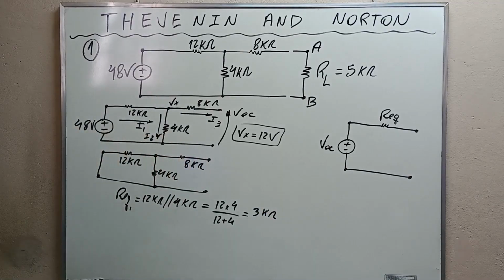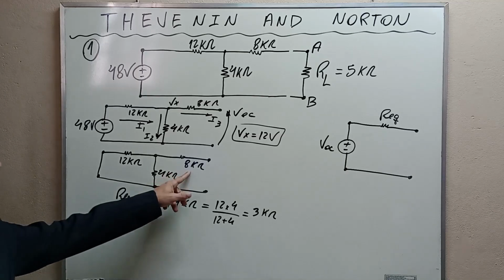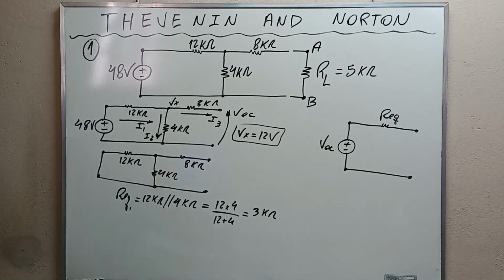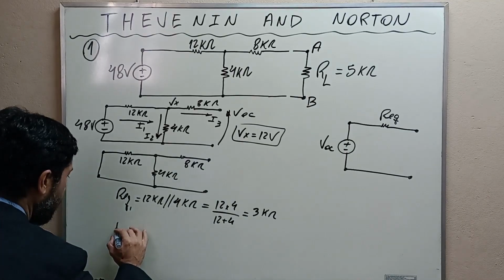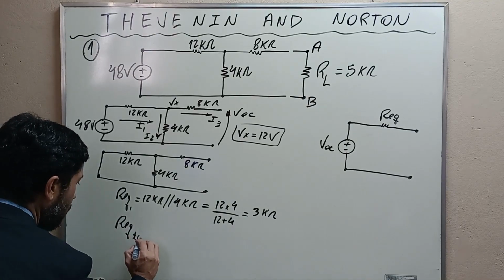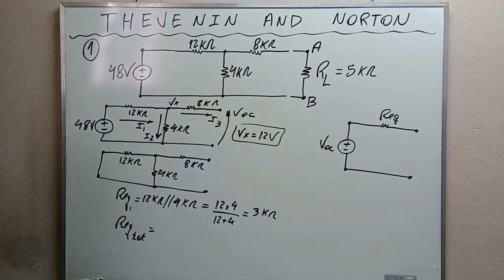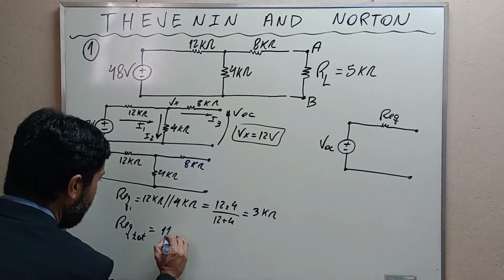kilo ohms. And this will be in series with this. When they are in series, we simply add them together. So the total equivalent resistance is 3 plus 8, which is 11.